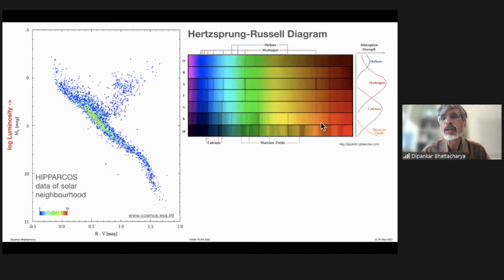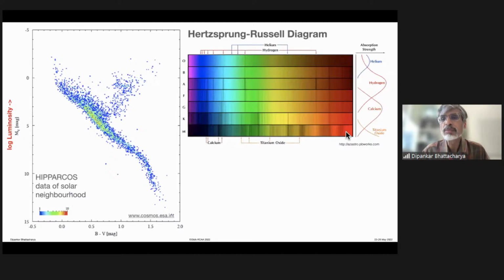For example, if you could take the full spectrum of a star, then for different stars, you will see that the spectral distribution of light, this is going from red to violet, will peak at different wavelengths.